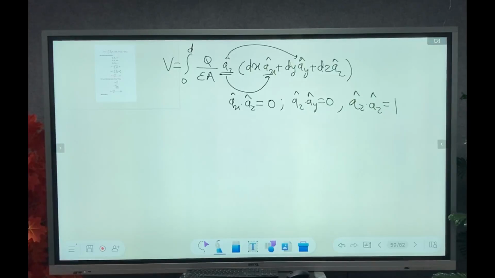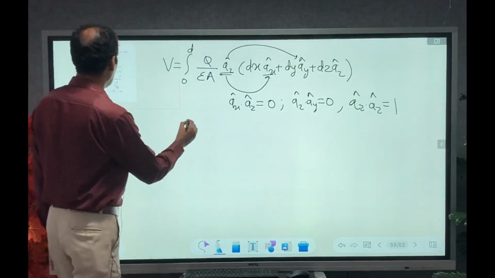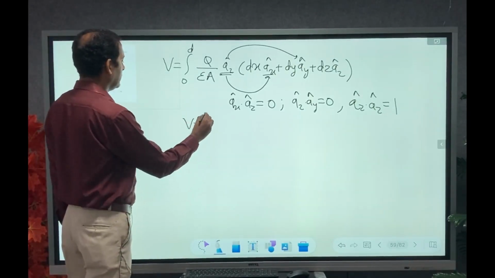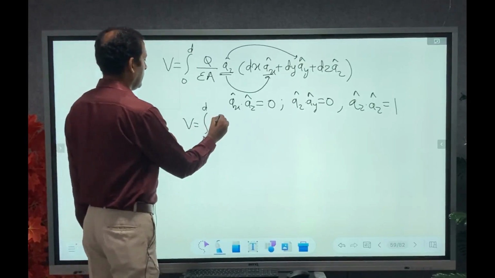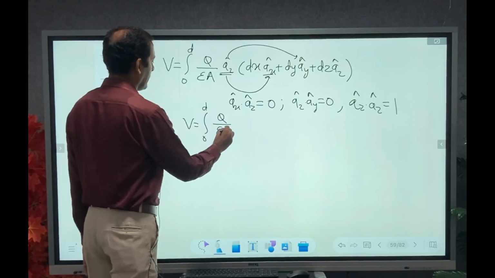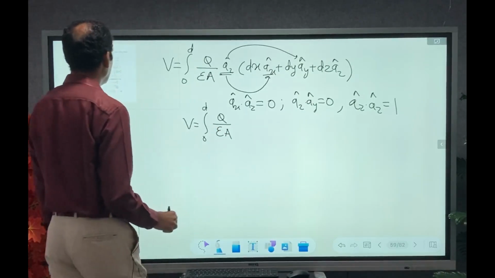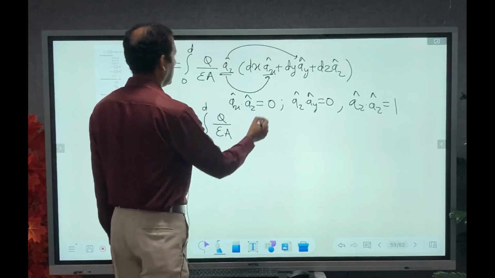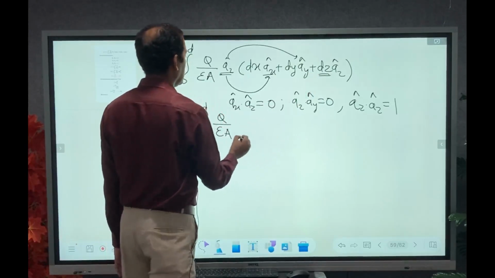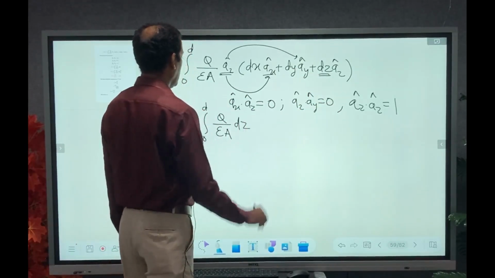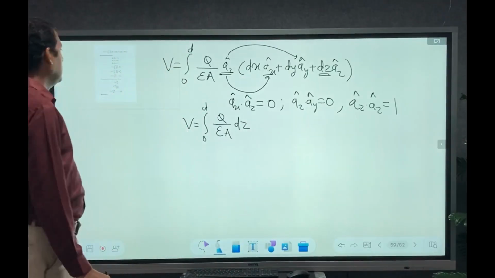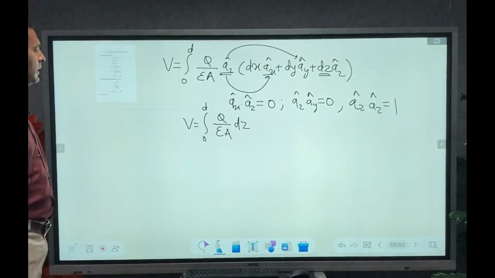So by keeping this, our equation will reduce. For voltage, V will become the integral from 0 to D of Q by epsilon A, and what will be the remaining term? dz. az dot az will become 1, so it will be dz, because we are moving in the z direction.